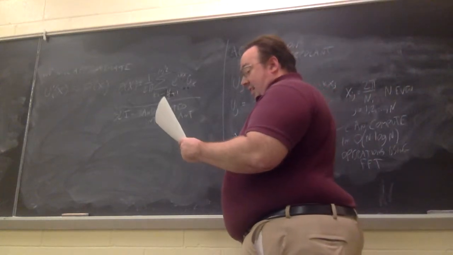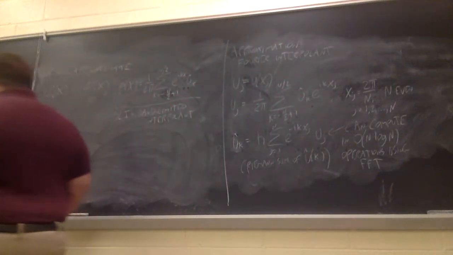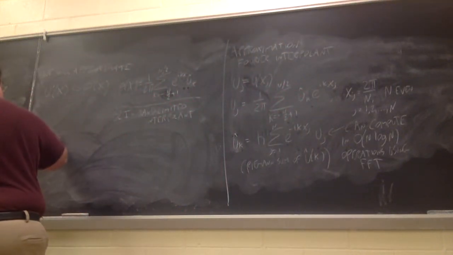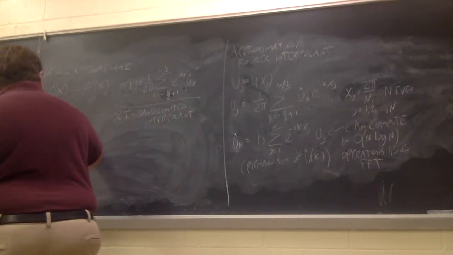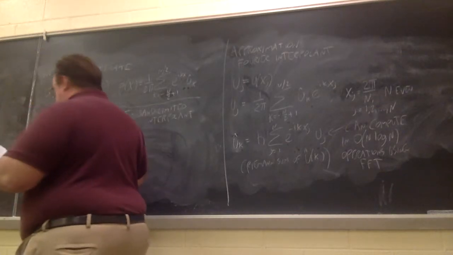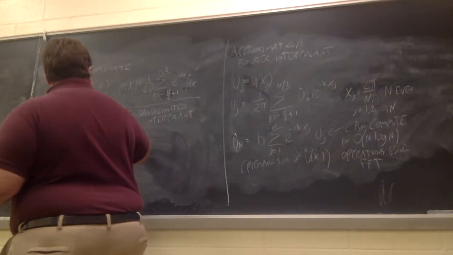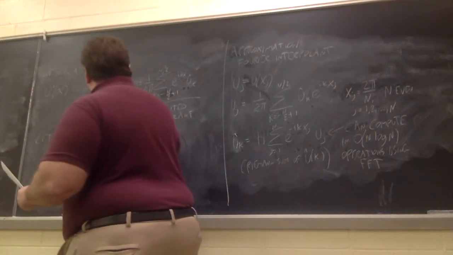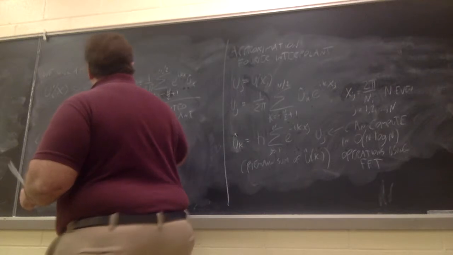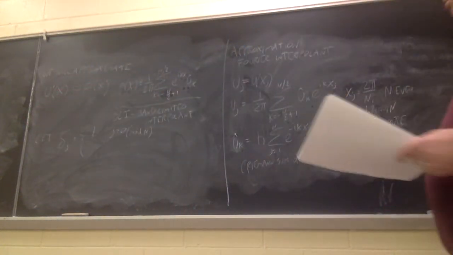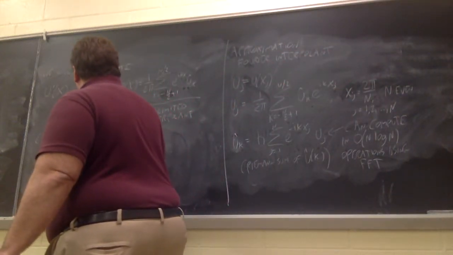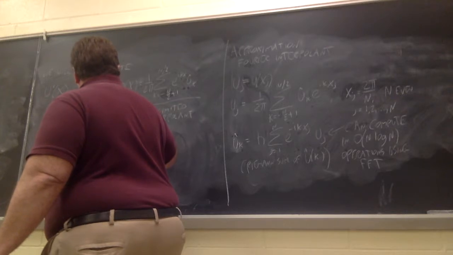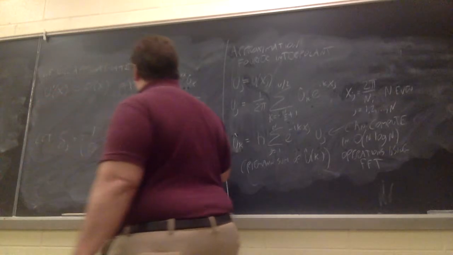Again. So, what I'm going to do is I'm going to define this function, delta j, equal to 1 if j is equal to 0 mod n. So if j is an integer multiple of n, the number of grid points, then it'll be 1 and 0 otherwise. Okay.